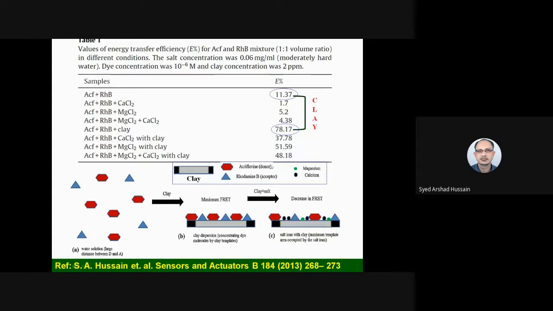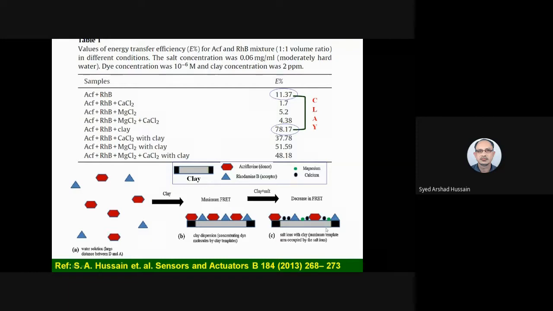So this is because in the presence of ions, you see what we did. First, we incorporated the material on the clay. Then we measured the energy transfer efficiency. Then in the second system, first we incorporated ions, Mg2+, Ca2+, etc., on the clay surface. So they occupy the surface of the clay layer through cation exchange reactions.